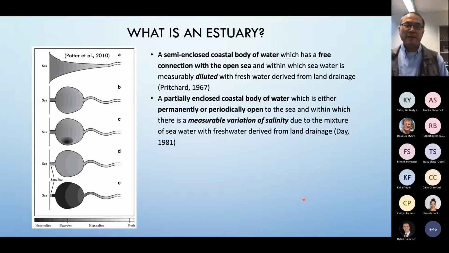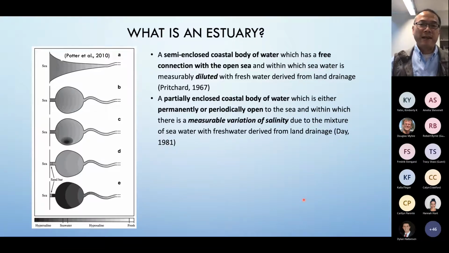As time goes on, the next definition of estuary is more inclusive or extensive: a partially enclosed coastal body of water which is either permanently or periodically open to the sea. So you see, more types of estuaries are already included. And then there is also a measurable variation of salinity. It's not only dilution itself. That definition came from 1981.